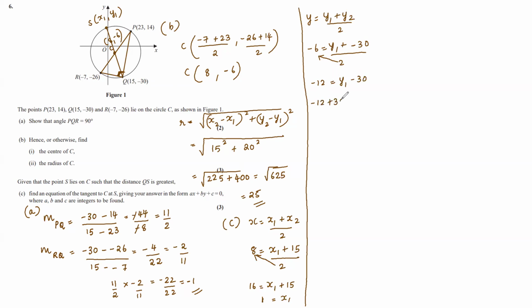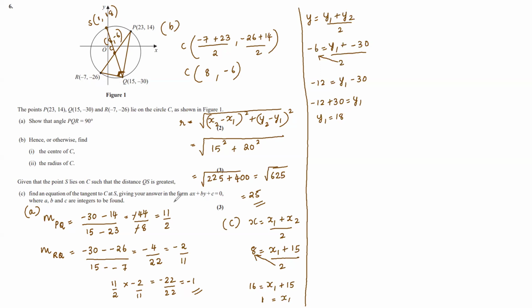Minus 12 plus 30 is equal to y1. y1 will be 18. So we got the x1 and y1, that is 1 comma 18. Now we can just replace x1 y1 with 1 comma 18.